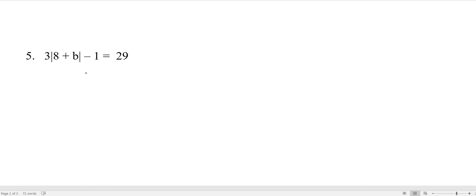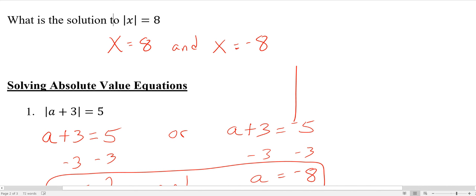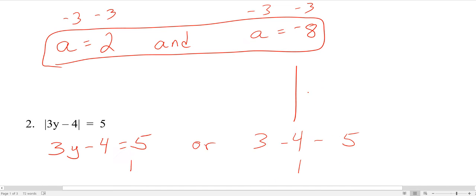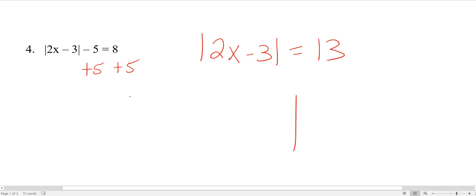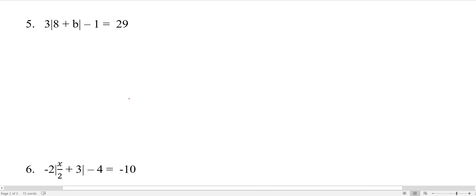First thing I'm going to do, I'm going to add 1 to the left and the right side. I'm left with now 3 multiplied by the absolute value of 8 plus b, and that is equal to 30.